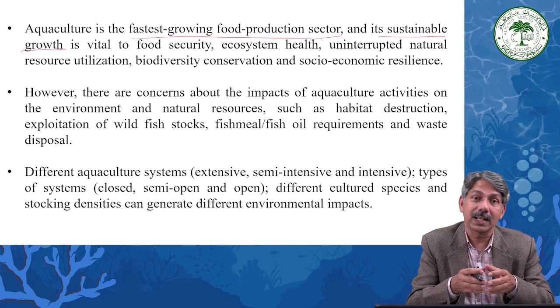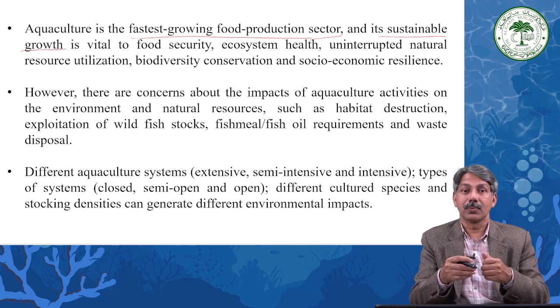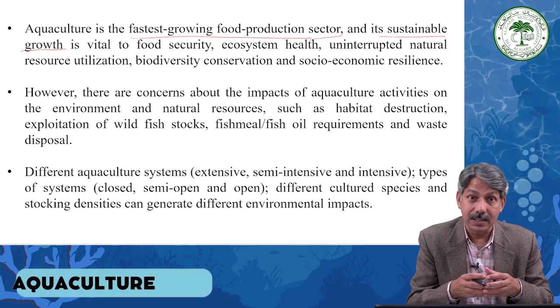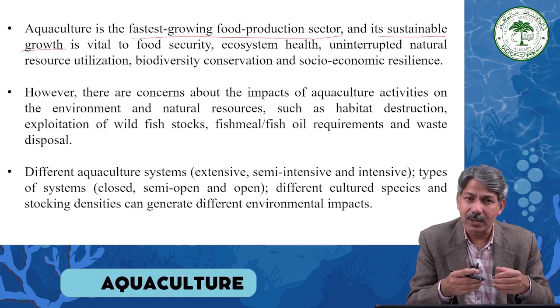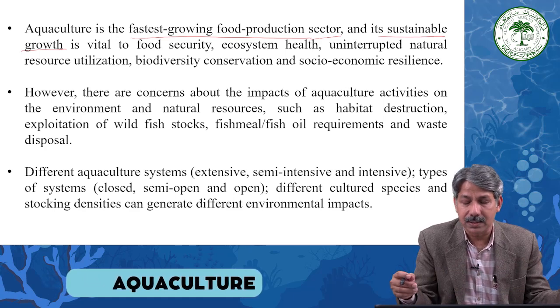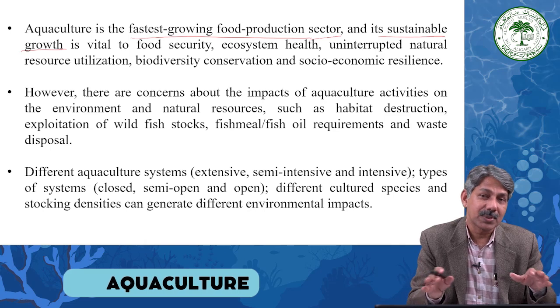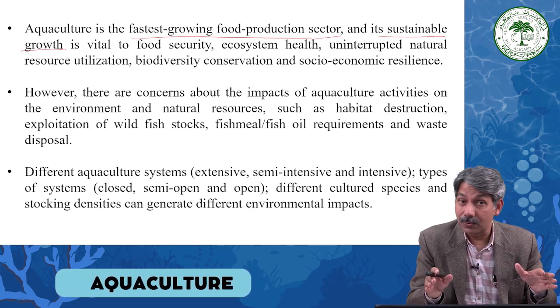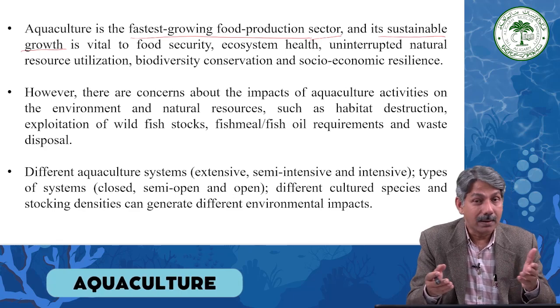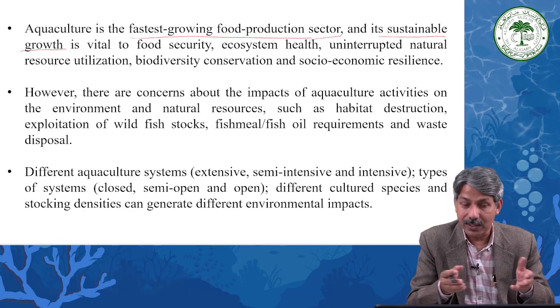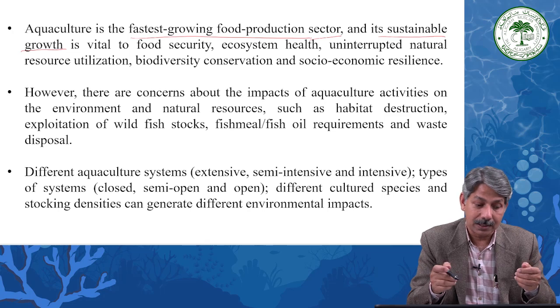That has been taken care of in a very good manner by developing new kind of culture systems, where the same water again and again can be used by taking care of good water quality by filtration and other things in recirculatory aquaculture system, in biofloc culture system. We have developed such techniques where we can take care of the water quality as well as the quantity of the water, and of course the health of the aquatic organisms which we are culturing.